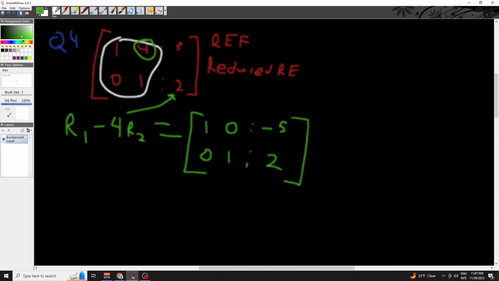And this is the completed reduced row echelon form, and it solves problem 4. If you also want to notice, these are the x and y values. This is x, and this is y, because in the problem, this right here is x, this right here is y. That's a really bad y. There we go.